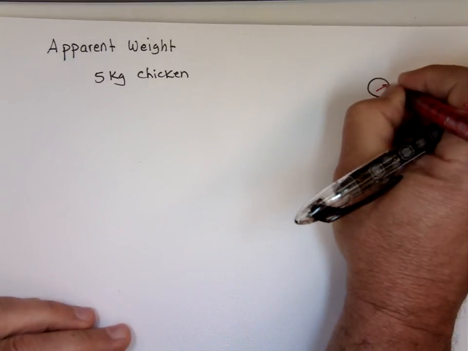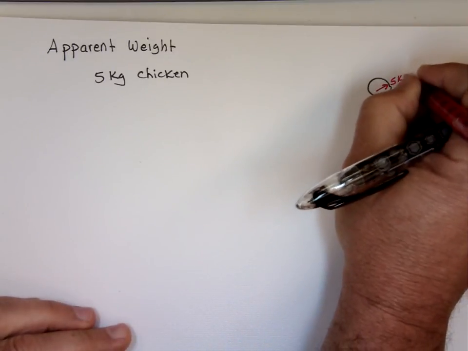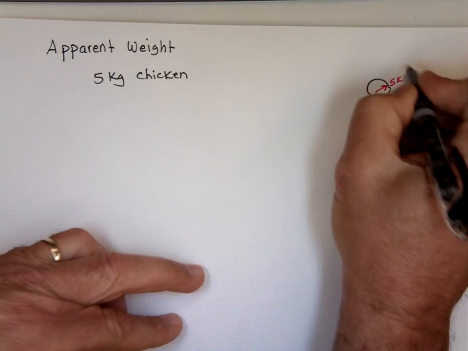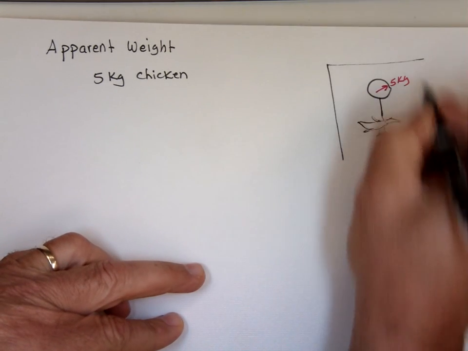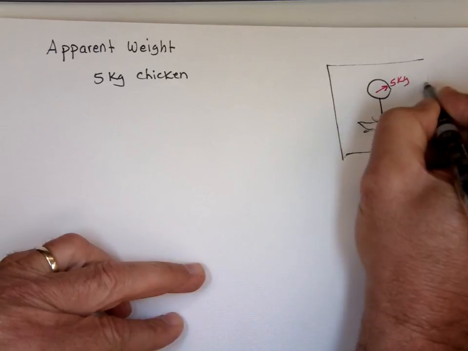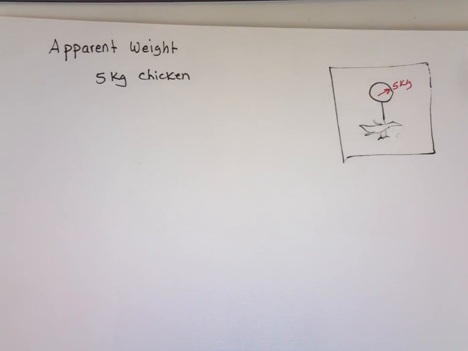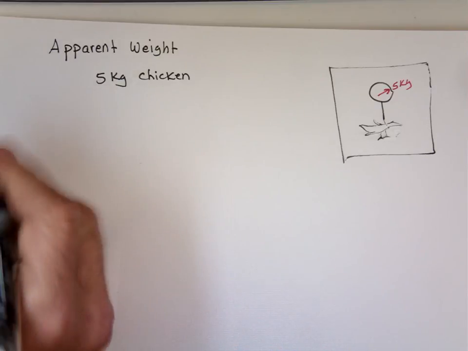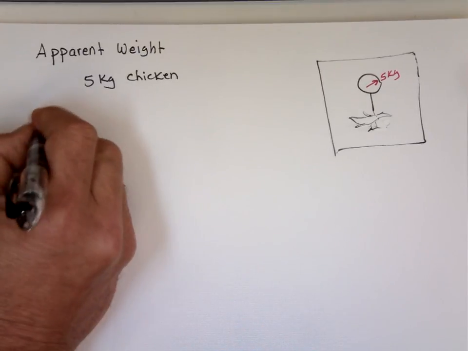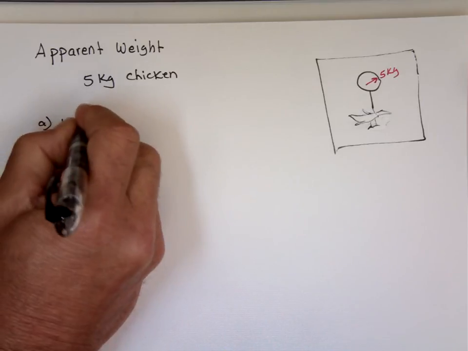It's an elevator. We're standing inside an elevator. The elevator is not moving now. What is the apparent weight? The first question, A. What is the apparent weight?